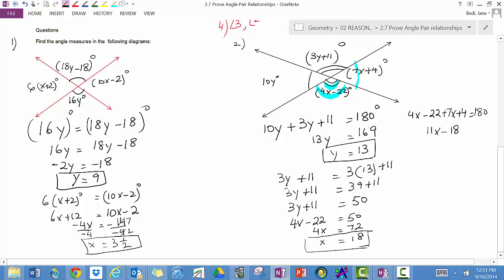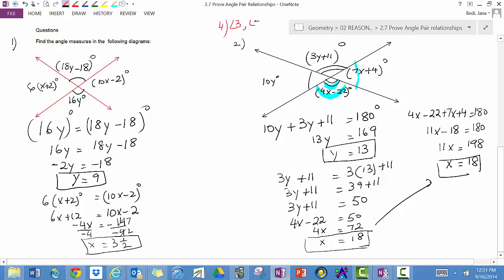When you work on the same side with variables and numbers, you combine like terms. When you work on both sides of the equal sign, then you will use one of the properties of equality. Add 18 to both sides, so I get 11x equals 198. Divide by 11 and I get 18. Oh, I am in luck here.